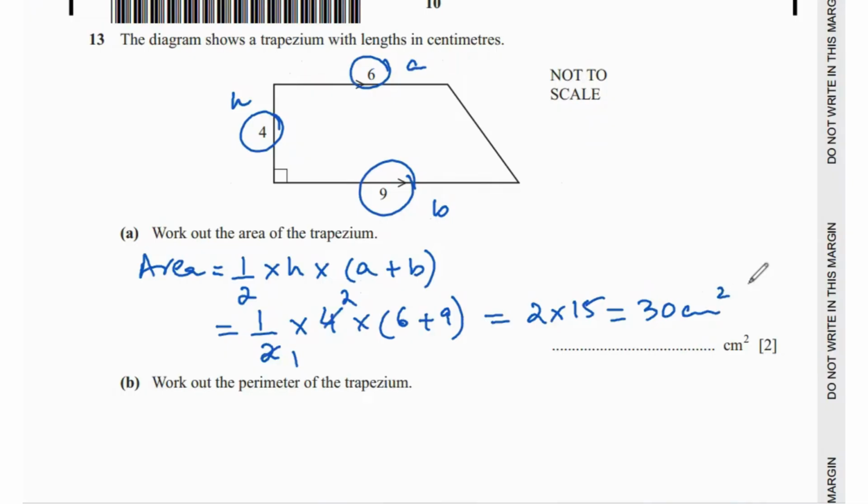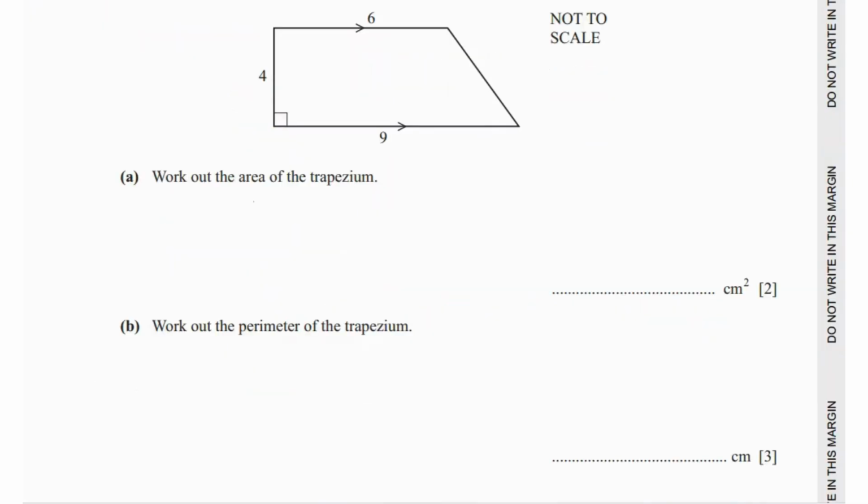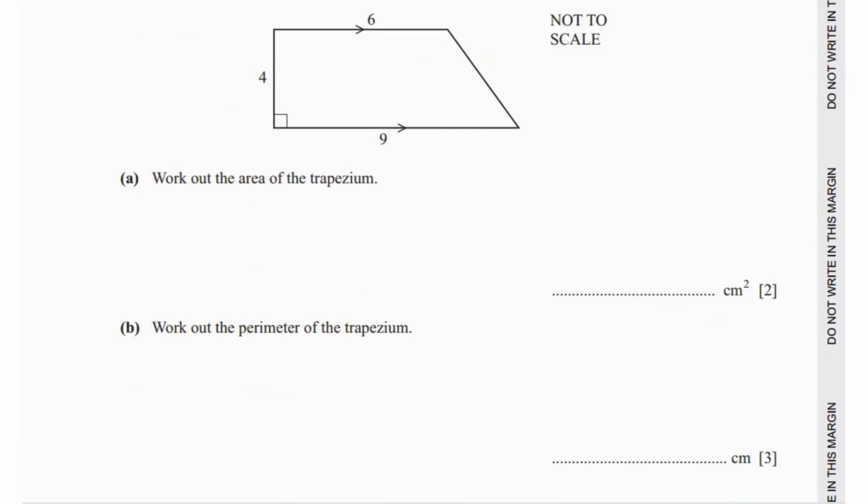That is your answer. Then it's saying work out the perimeter of the trapezium. For the perimeter, we need this length. If you notice, the perpendicular height is going to be the same, which is 4. And if this length is 6 and this entirely is 9, this would be 9 minus 6, which is 3.